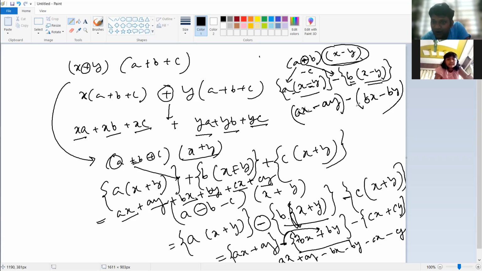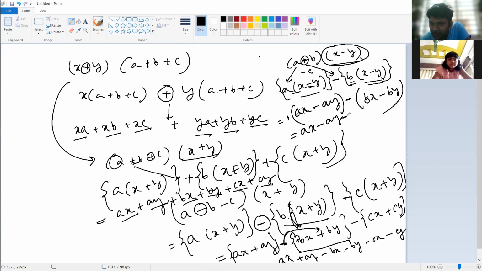This is simple. But this minus, what can I do? I have to write it in a simple form, right? Here, nothing is there means plus is there actually, so plus will affect normally. The ax will be ax, the minus ay will be minus ay only. But there is minus.